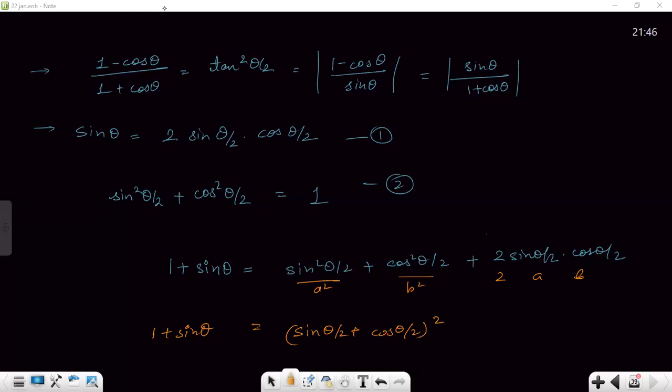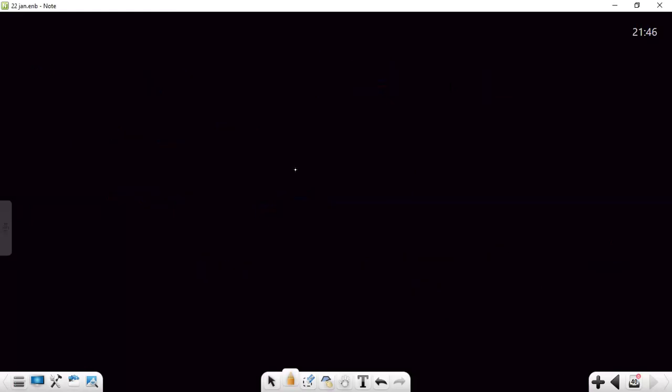So if we take square root both sides, multiple cases are there from this simple understanding. So from here we can write square root of 1 plus sine theta is equal to modulus of sine theta by 2 plus cos theta by 2. And we may also double the angle.